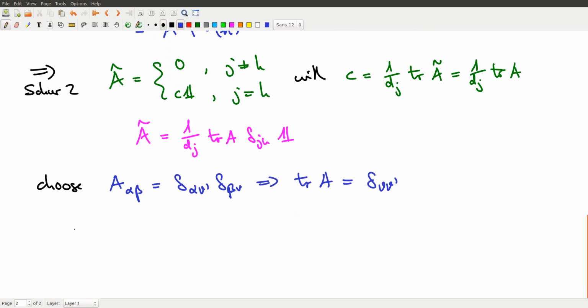Now we calculate a tilde, let's say elements, maybe I want it like this, mu prime mu. Then we have, using this pink equation up here, we have that this is equal to 1 over dj, the dimension of the representation.